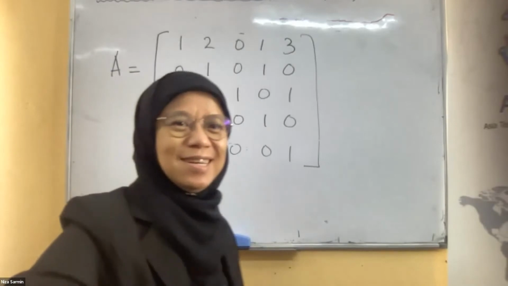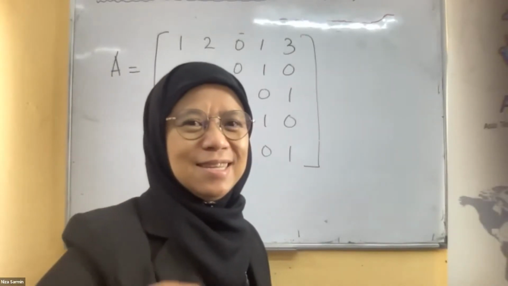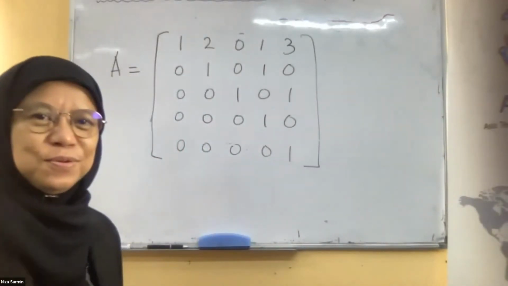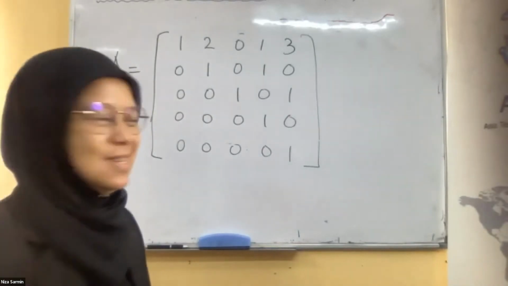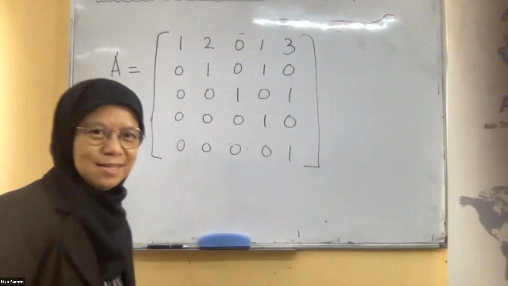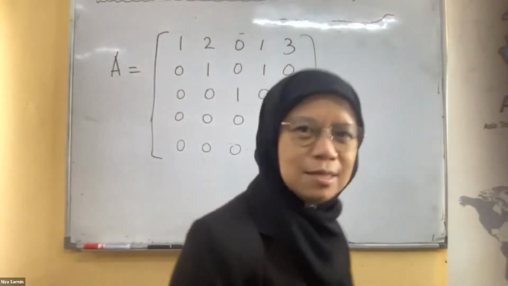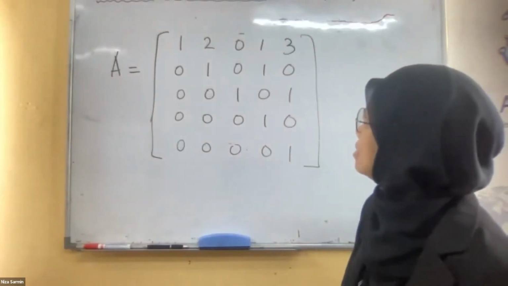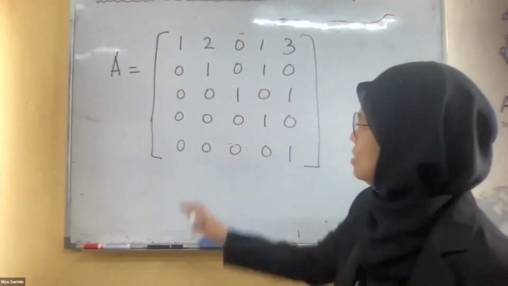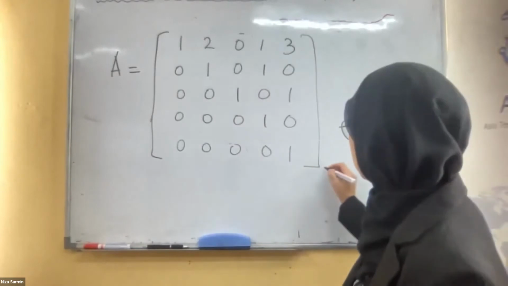Adli said he wants to use that method, Zakwan uses the other method, 2 and 1. So Eugene said it depends on the question. This is 5 by 5.